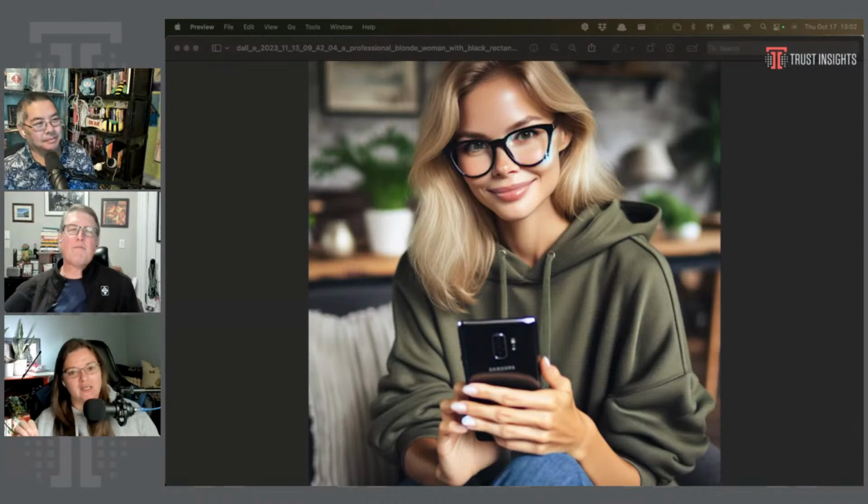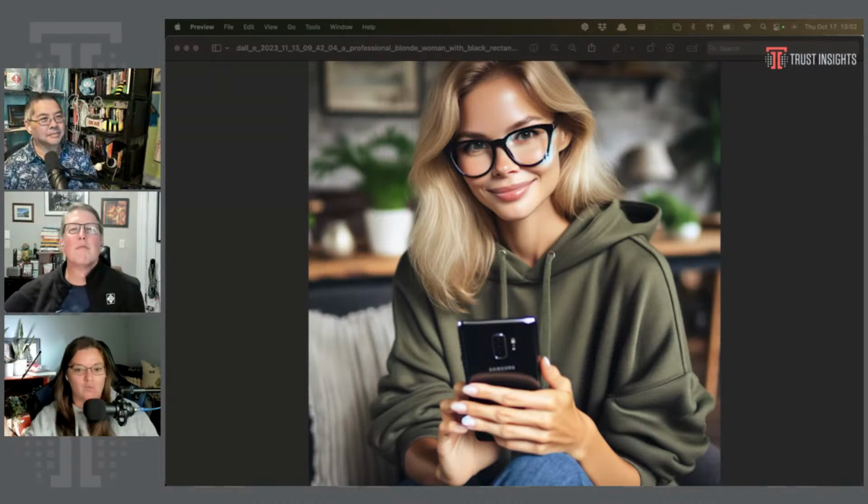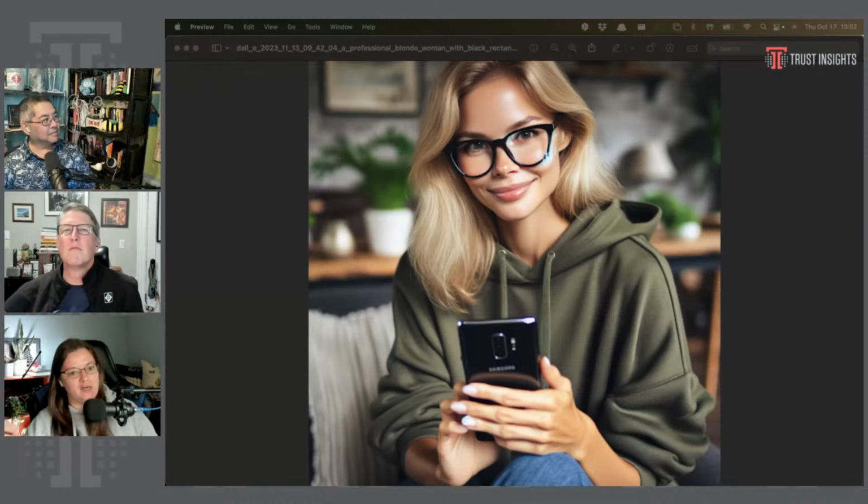Recently, I had an opportunity to give her a closer look because my friend Ann Handley was asking about it. I admittedly had never really taken a look at the image. I just saw, on a very small scale, a blonde woman wearing a hoodie, blah, blah, blah. And our prompt was fairly generic as well, a blonde woman, so on and so forth.